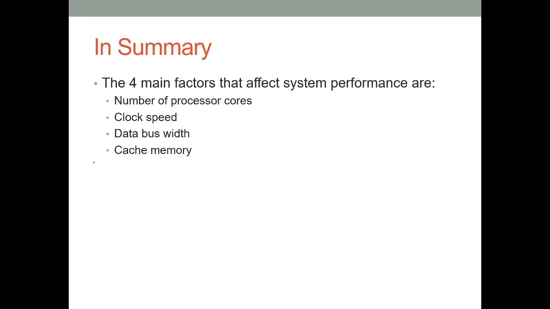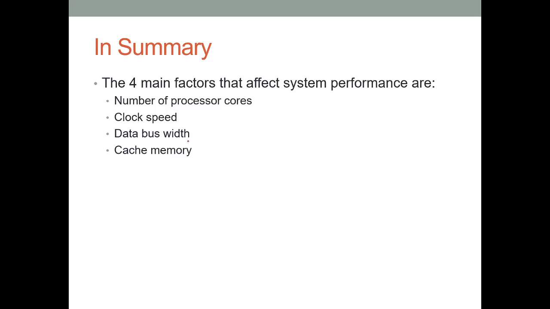So just in summary, because I know I jumped across a lot of different things here, the 4 main things you need to take from this are how the number of processor cores affects a system's performance. Generally speaking, the more processor cores you have, the better your computer is performance-wise. Clock speed: the larger the clock speed, the better performance you're going to have.